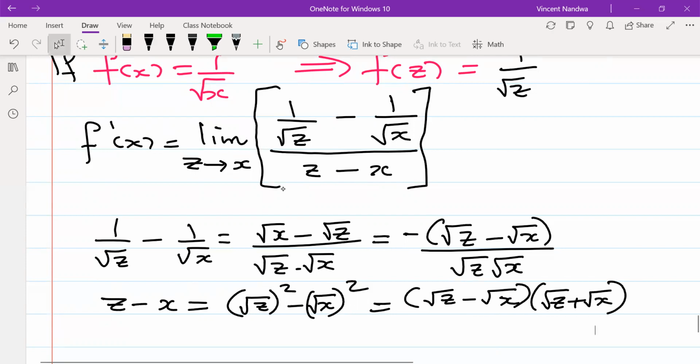So you can now rewrite this part using these expressions here.